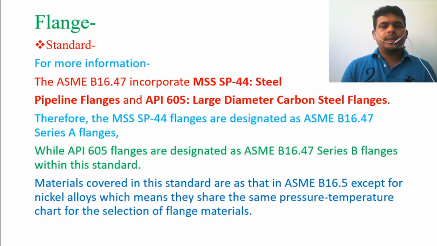The materials covered in these standards are the same as in ASME B16.5 except for nickel alloys, which means they share the same pressure-temperature chart for the selection of flange materials. So in this part we understand ASME B16.47 is incorporated with MSS SP-44 and API 605 also.